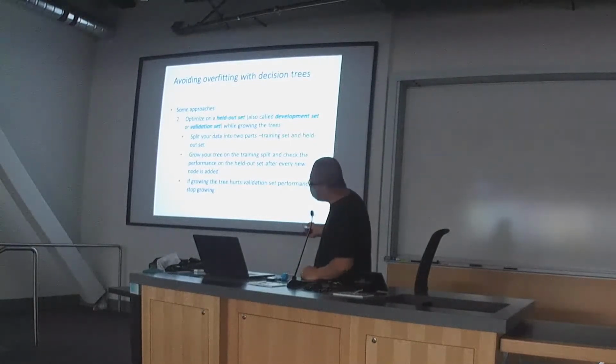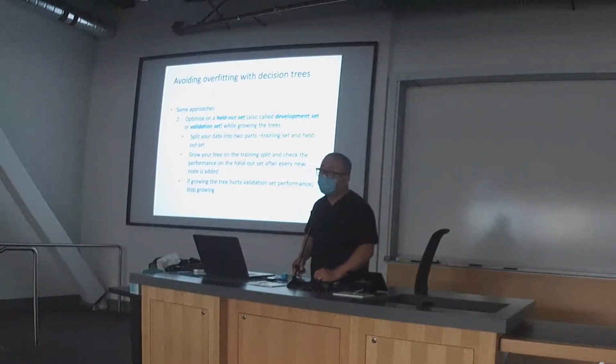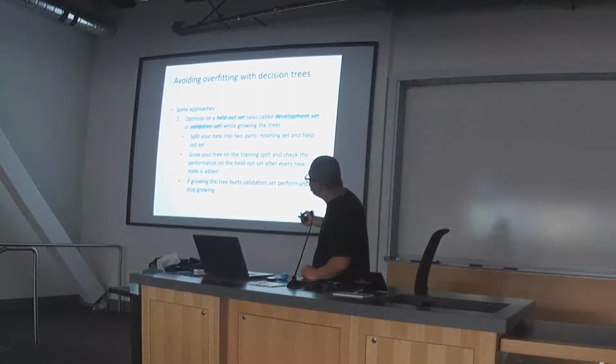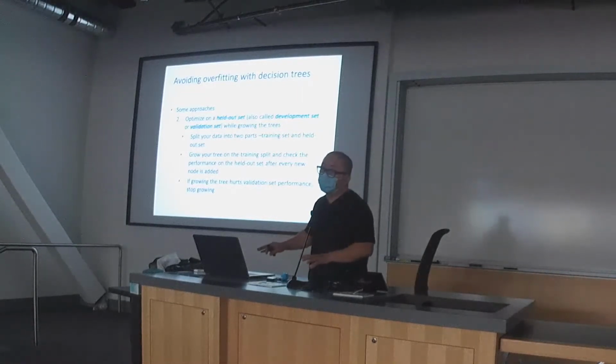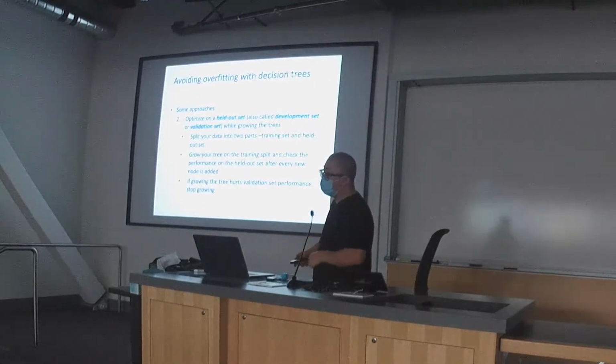Every time before I grow the tree, I test the performance on the held-out set. And when I grow the branches and add a few new nodes, I test the performance on the held-out set again. If the performance drops, meaning that growing those new branches and nodes leads to degradation of performance, I'm going to stop.